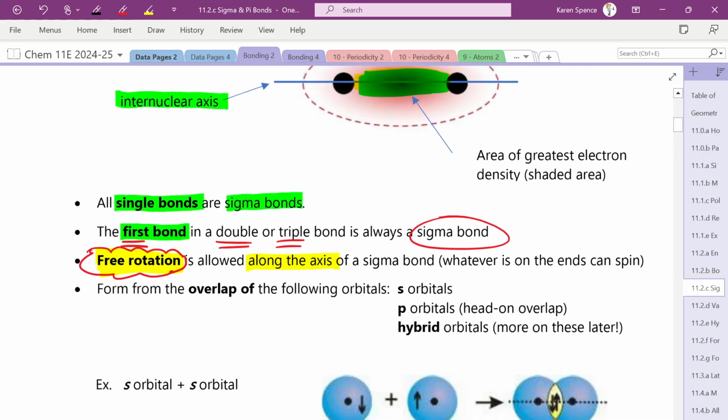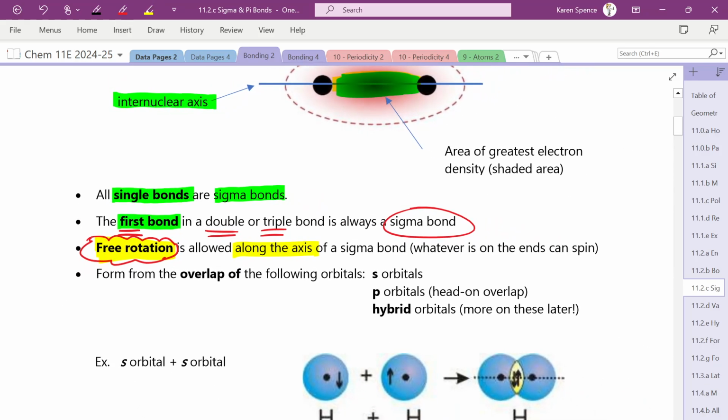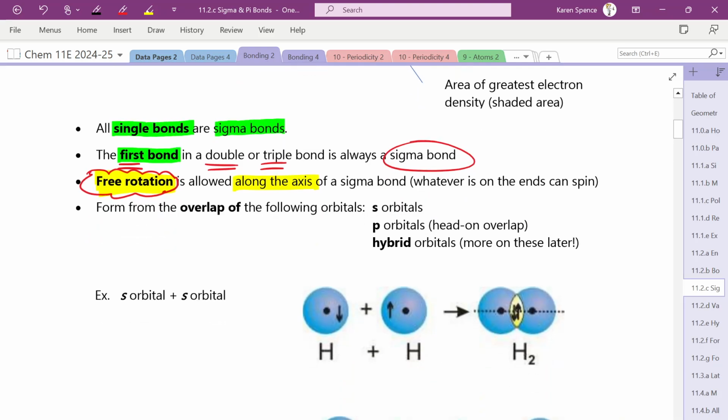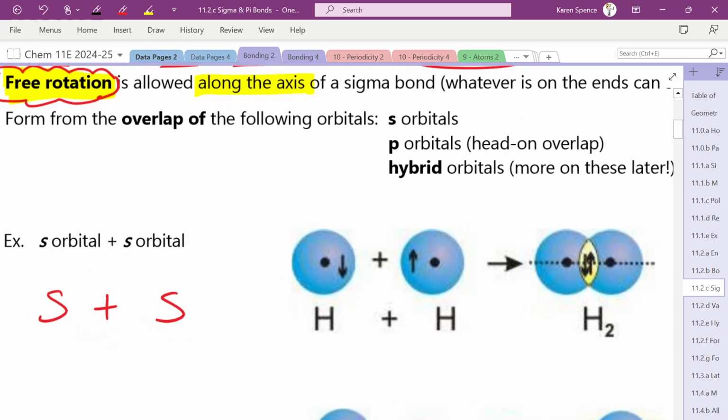I'll show you what that means in a second. And what causes a sigma bond to form? You can have an overlapping s orbital with an s orbital. So s plus s. You have an s orbital, we have an s orbital, they overlap.